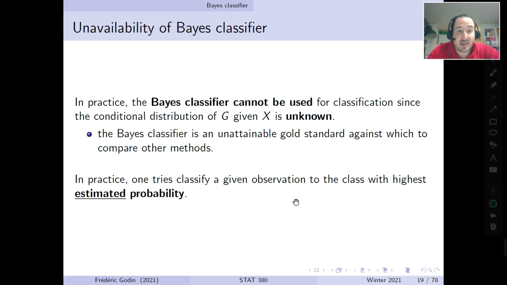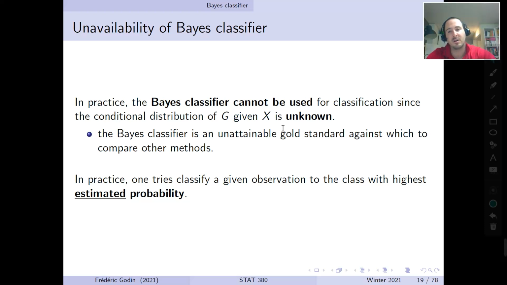Okay, so as we mentioned, the Bayes classifier cannot be used in practice because the true distribution of the class given the predictors is unknown. If you have data, there's nothing that tells you the associated distribution of the class for each value of the predictor.